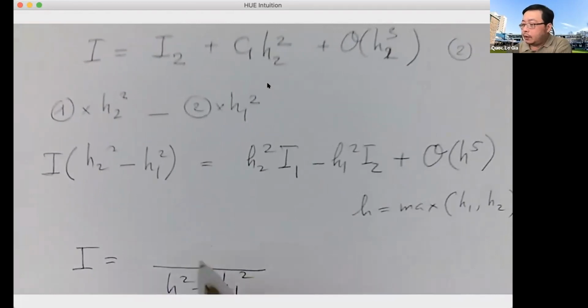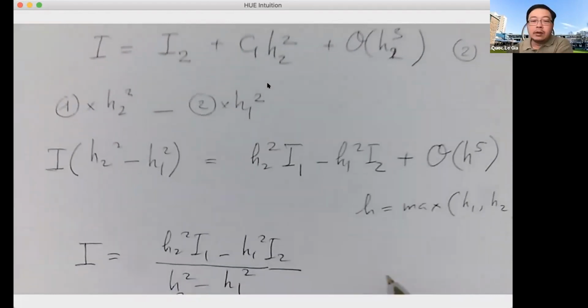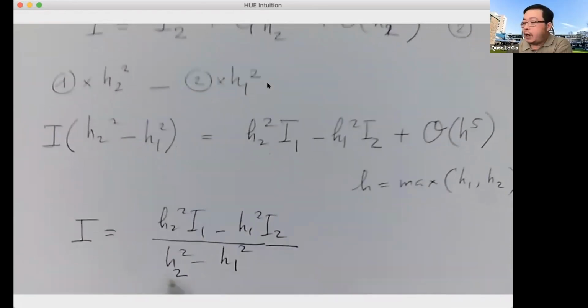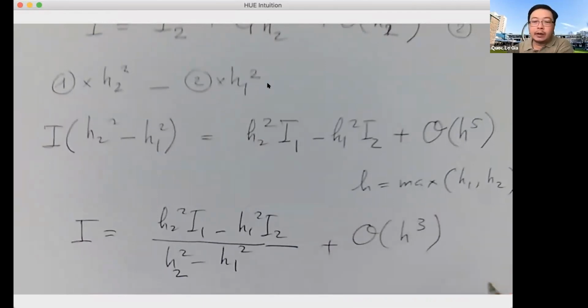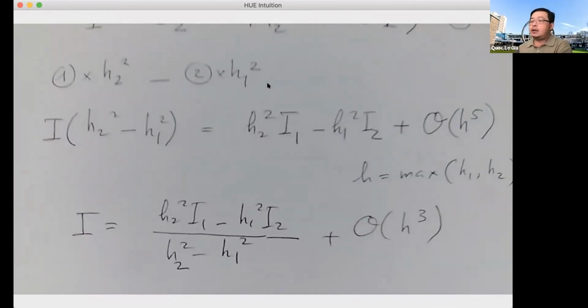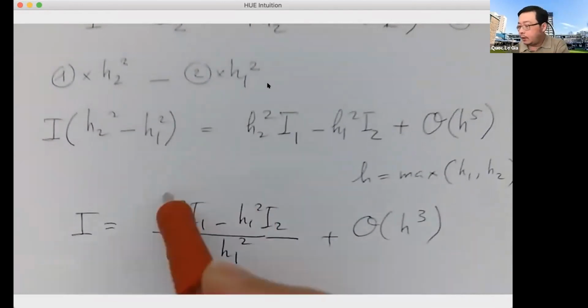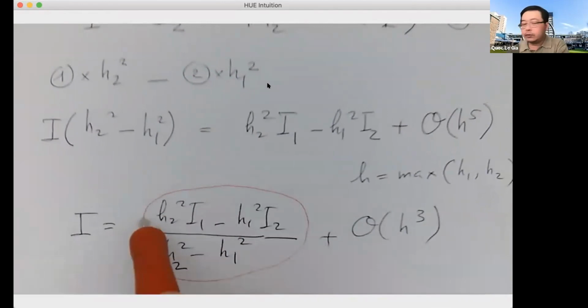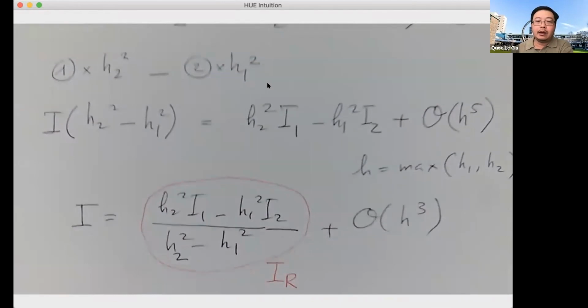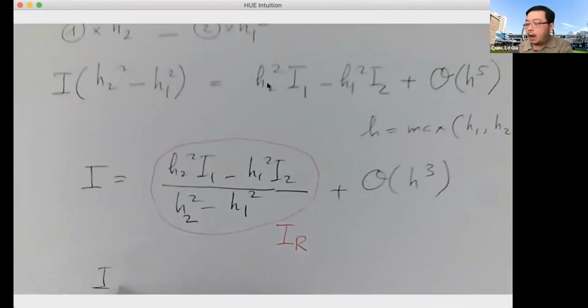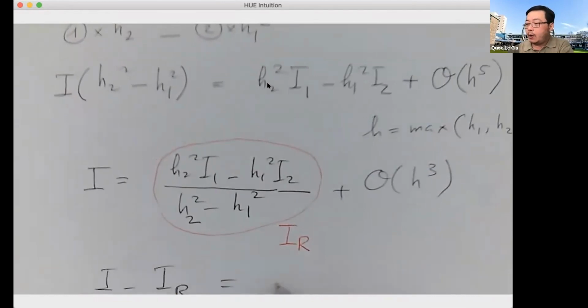Since I divided by h square, this will be of order O(h cube), where h is the maximum of h1 and h2. If I label this new term IR, then you can see that I minus IR is of order O(h cube).